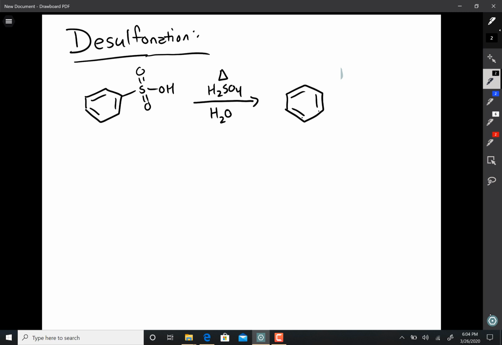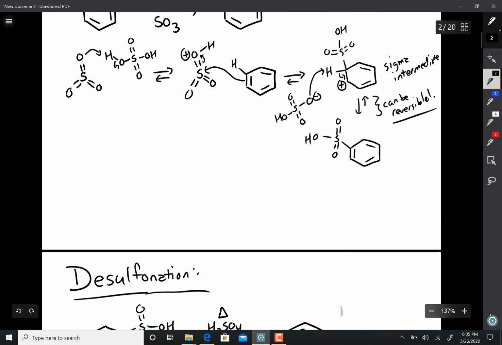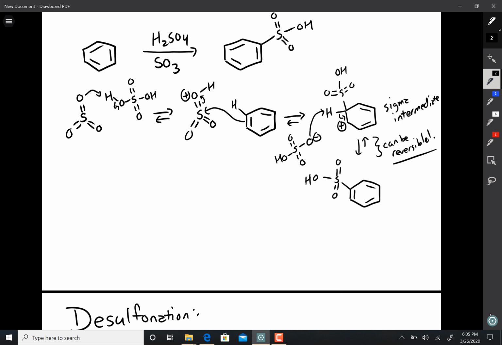So, the mechanism of this is the reverse of this mechanism. So the last step in the mechanism is deprotonating the sigma intermediate to give the aromatic ring. So the first step is we're going to protonate the aromatic ring to give the sigma intermediate.